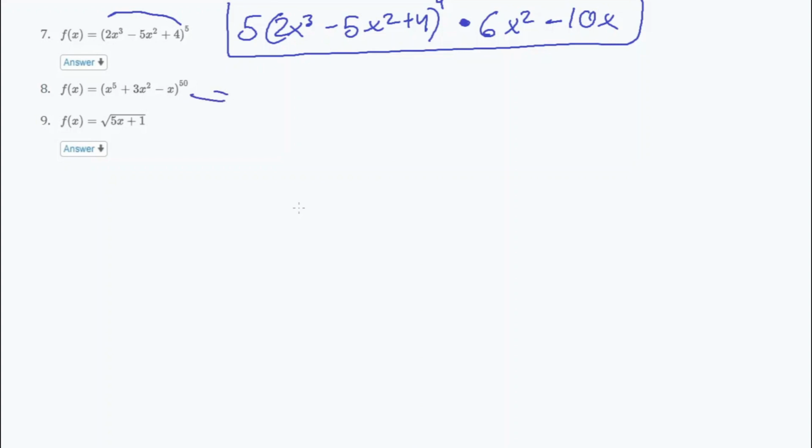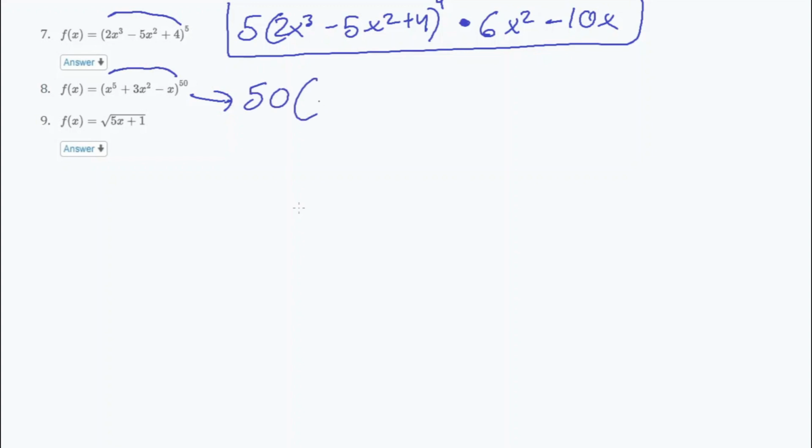And now number 8 is a great representation of why the chain rule is useful. Now we have a polynomial to the 50th power. It's not even a case of I wouldn't suggest it, it's quite literally impossible. You wouldn't be able to finish it within an hour. But the chain rule makes it a lot easier to finish. So we just move the 50 to the front.